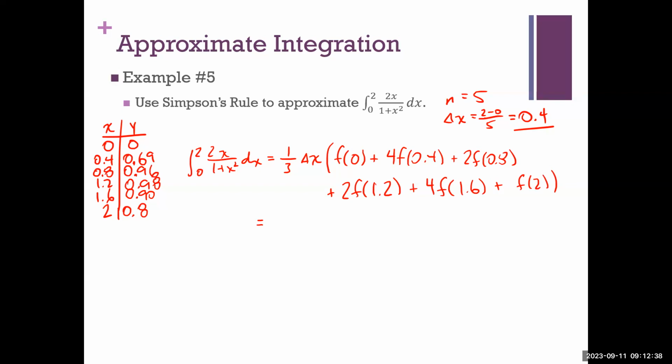Any questions? Go ahead. How do you know what numbers you put the 4 in and what numbers you put the 2 in? The first 4 will always go on the second term in the sequence, and the last 4 will always go on the second to last term. How do you know what numbers to use for the coefficients?